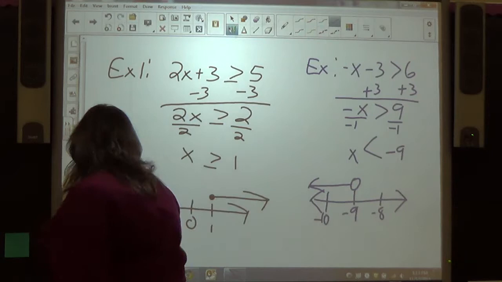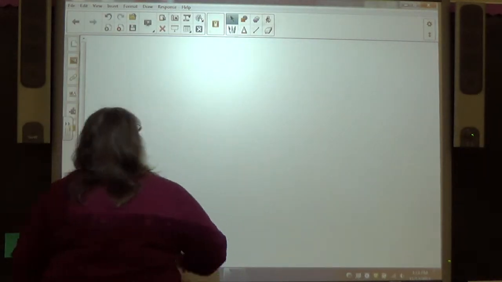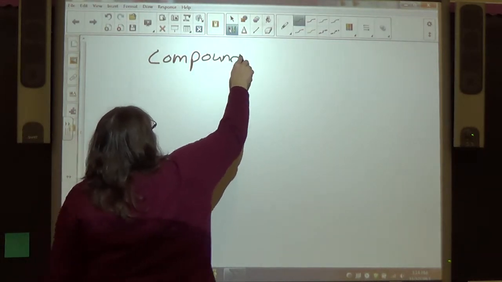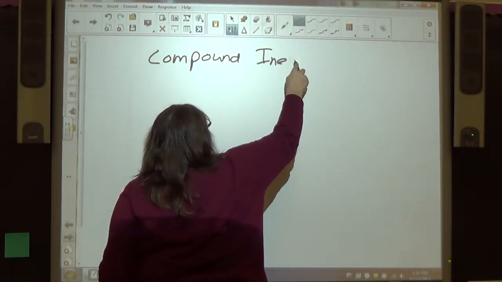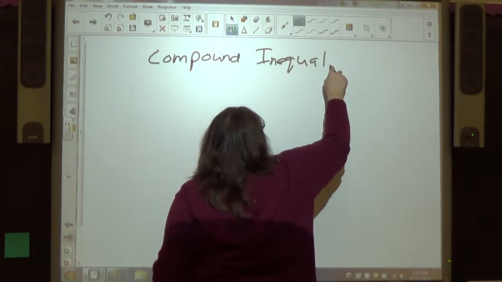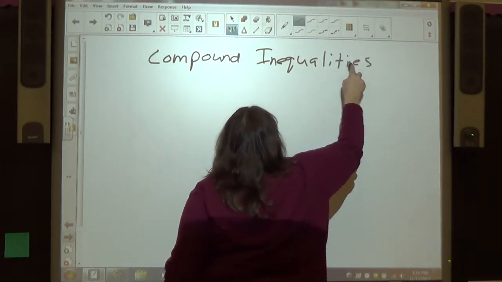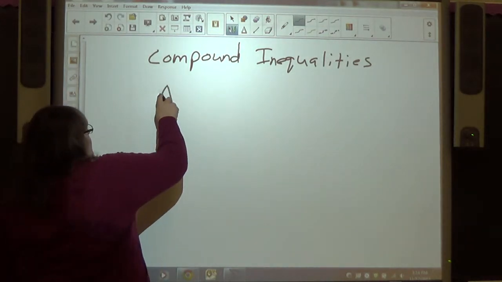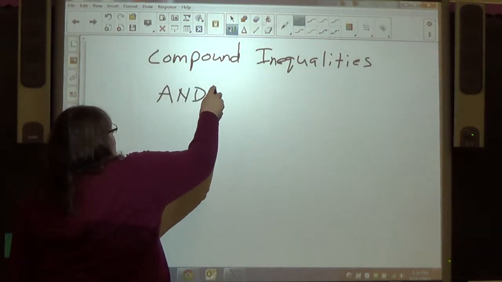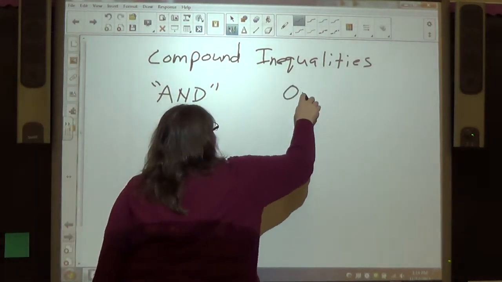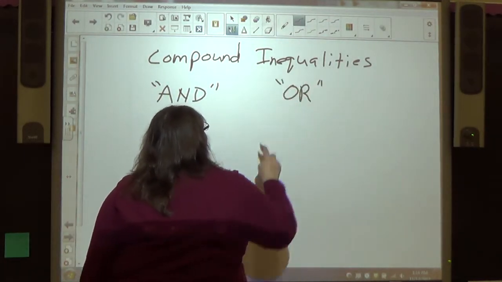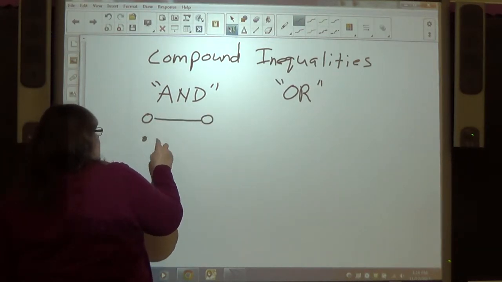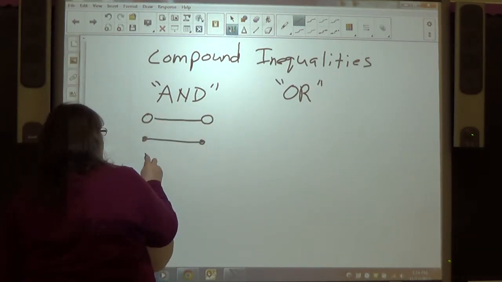Next is compound inequalities. Okay, compound inequalities are either and or. And has endpoints and stuff in between.